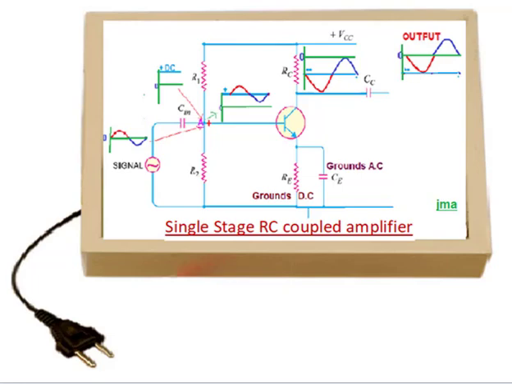Generally, you know well that a transistor consists of three terminals: emitter, base, and collector. The emitter is always given forward bias, the base is given forward bias, and the collector is always given reverse bias.